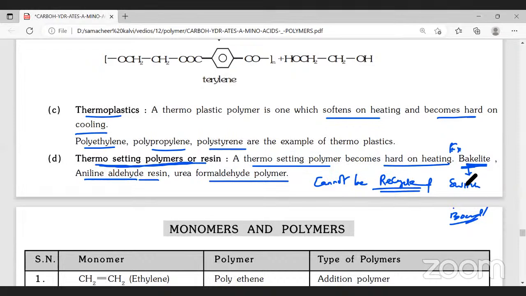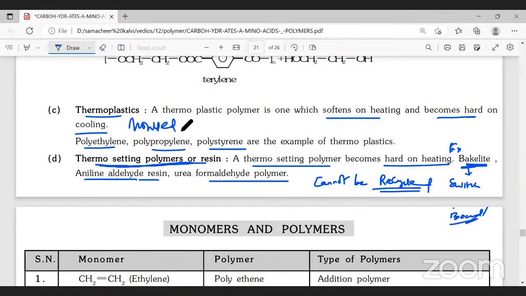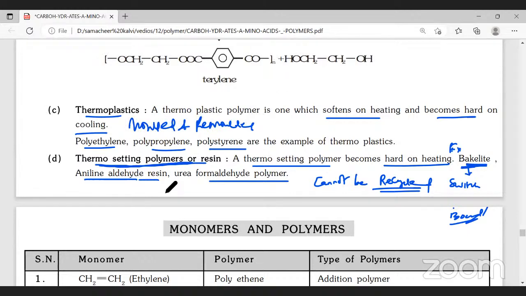Now, thermoplastic can be molded and remolded into different shapes. Here, thermosetting plastic cannot be molded, remolded or reshaped. Thermoplastic is formed by addition polymerization.